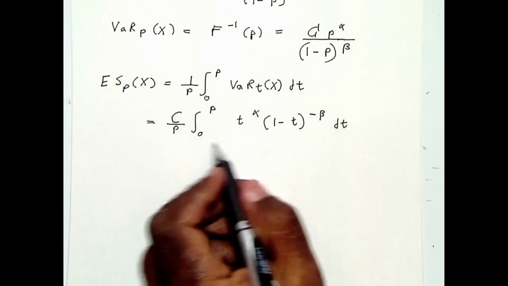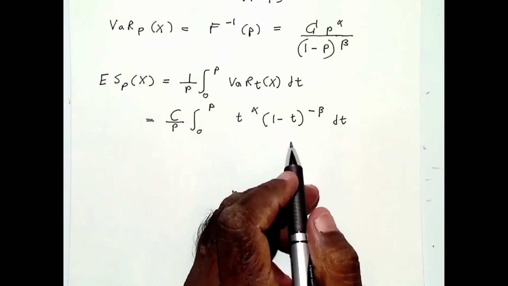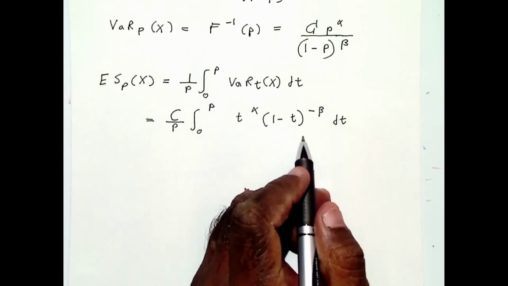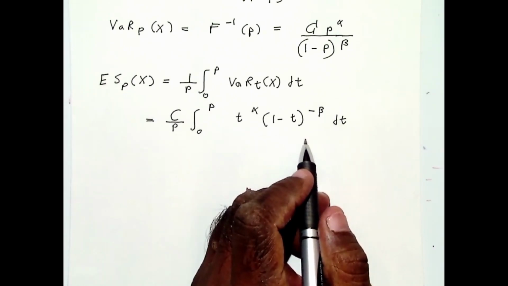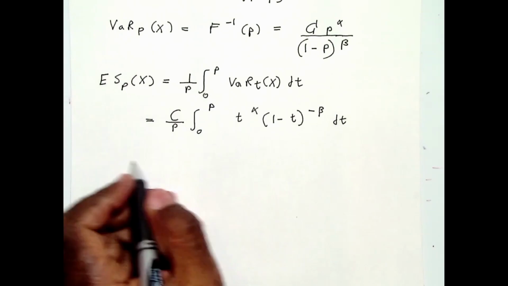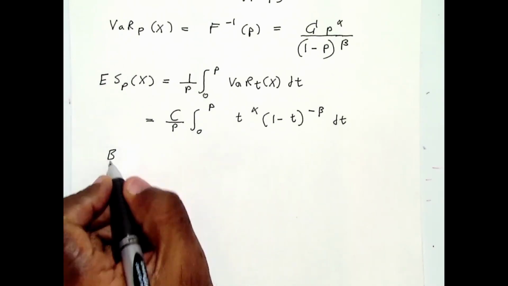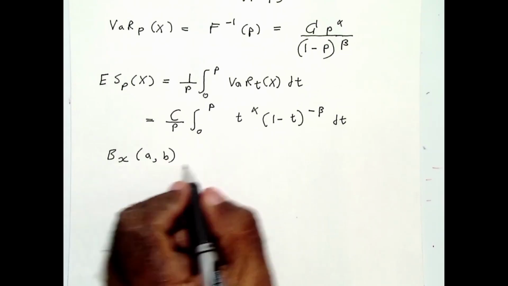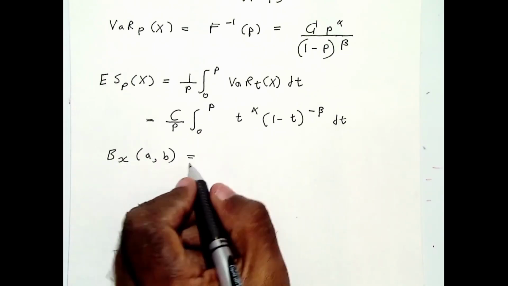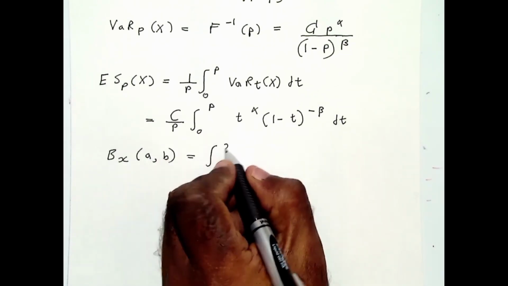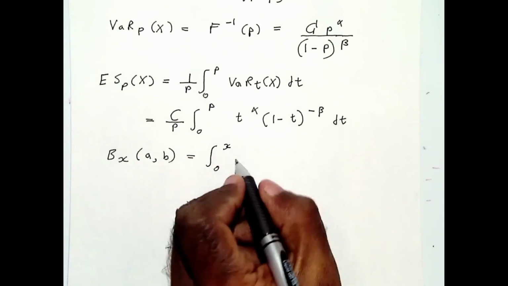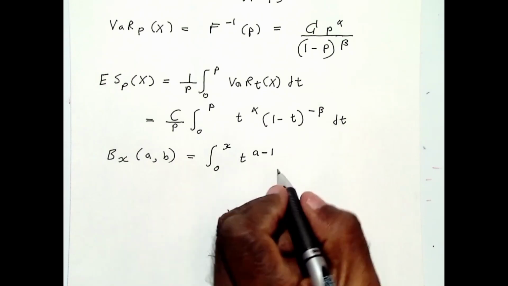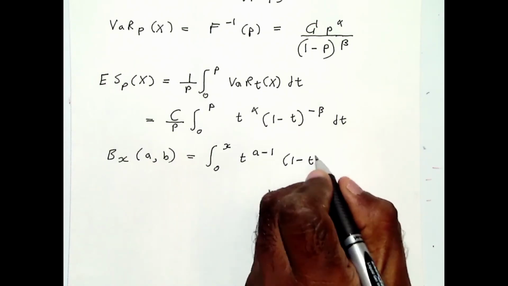Now you may recall this integral from earlier on in this video. I told you that this kind of integral is known as the incomplete beta function. If you don't remember, I can write it down again. This is the notation for the incomplete beta function, defined as the integral from 0 to x of this.